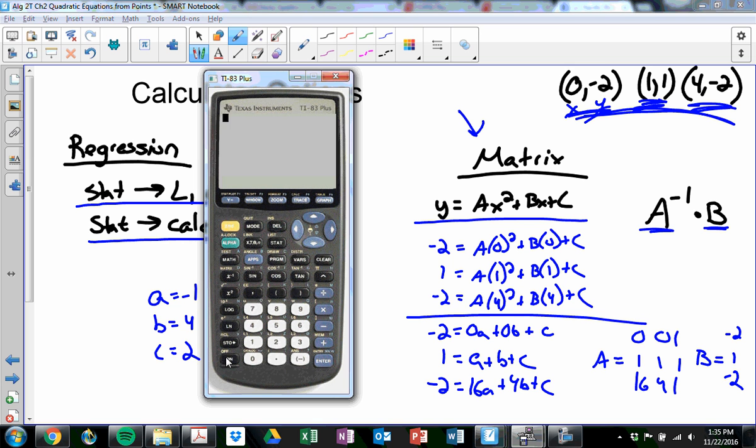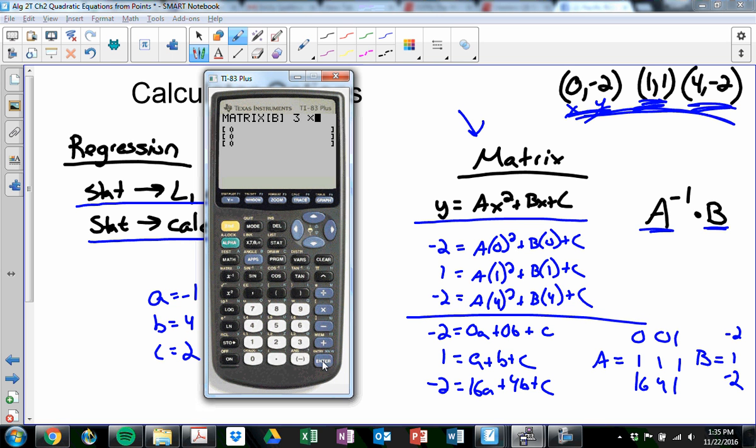And I'll do this in a matrix. Touch my matrix, scroll over to edit, edit matrix A and make it a 3 by 3. I have 0, 0, 1. And then I have 1, 1, 1. And I have 16, 4, 1. And I'll quit. Make sure that's a 1. Then I'll quit and edit matrix B. It's going to be a 3 by 1.